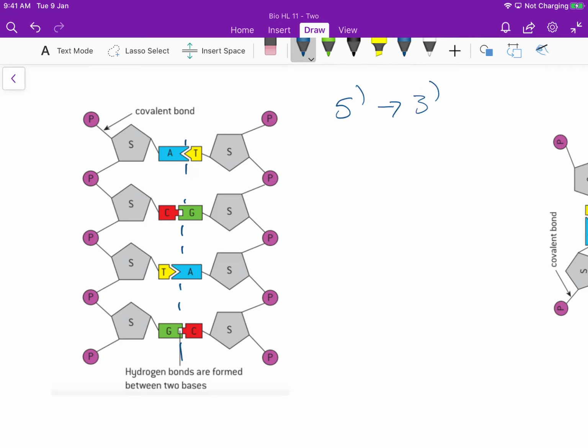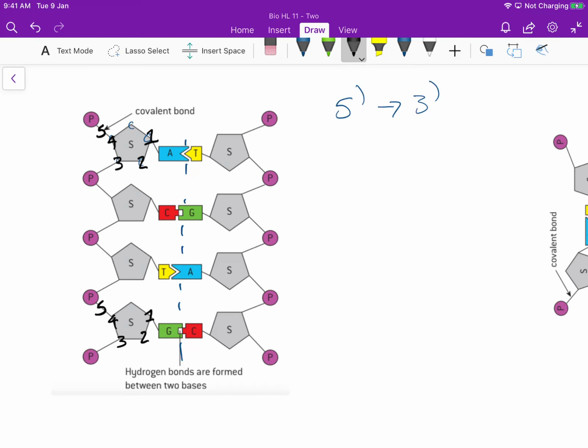And we label these carbons, these are all carbons in the deoxyribose sugar, we label those with numbers 1, 2, 3, 4, and at the top, although we don't draw it out, at the top there is 5. So if we go down to the bottom one, 1, 2, 3, 4, 5.